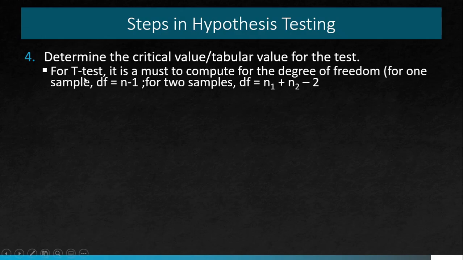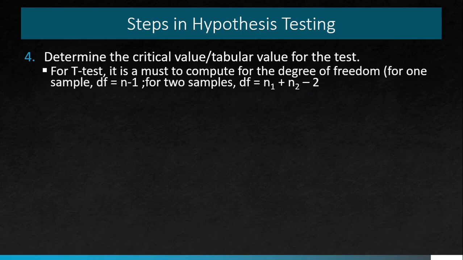For t-test, you need to compute for the degree of freedom first. Okay, so for one sample, the degree of freedom is number of items minus 1. If you have two sample means or two samples, then you need to add the number of both samples and then subtract 2 to get the degree of freedom.